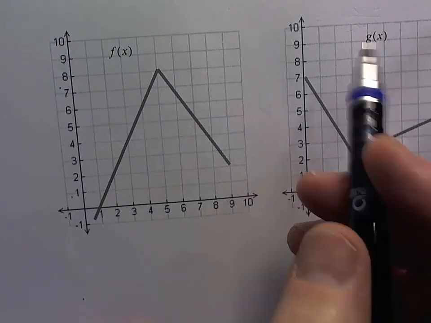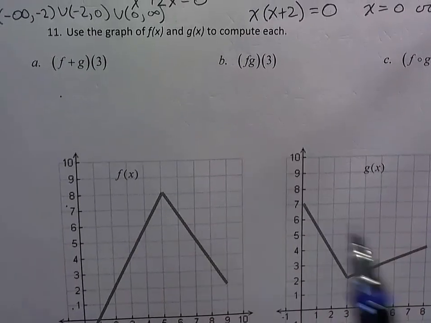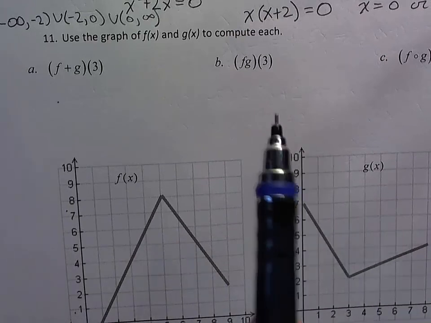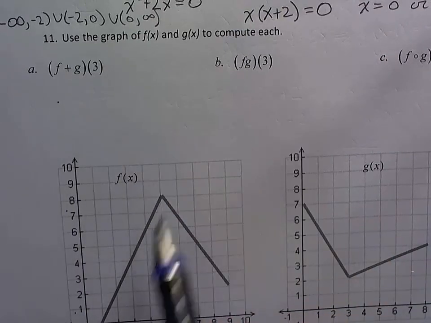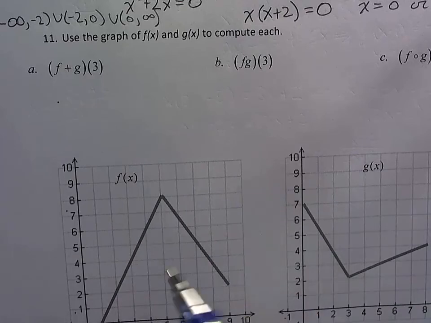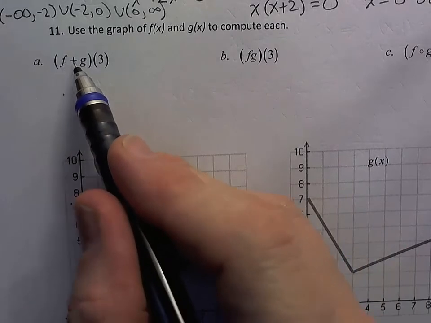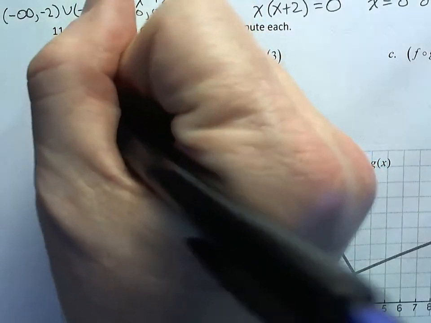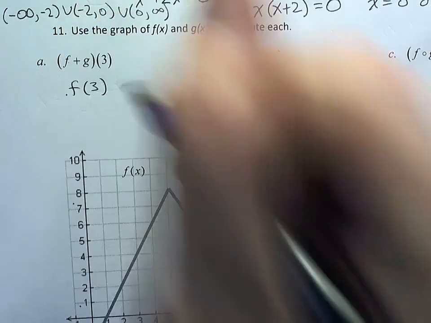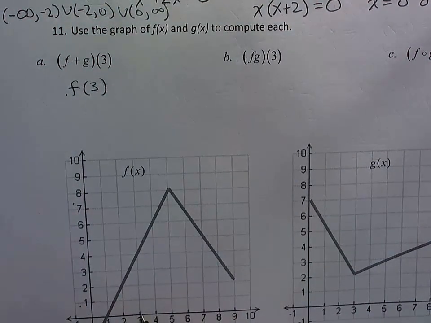Okay. Now down here is where we have these combinations of functions, but instead of having an algebraic expression, we were given the graph of the function. So here we have f of x, and here we have g of x. And we're asked, okay, let's find f plus g of 3. Well, let's find f of 3 first. F of 3, let's see here.